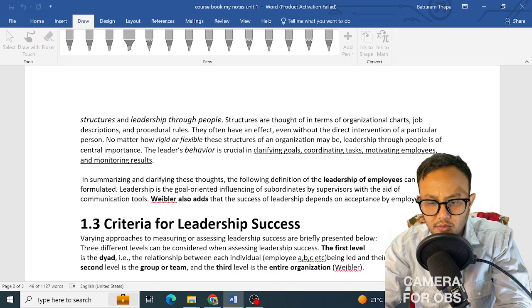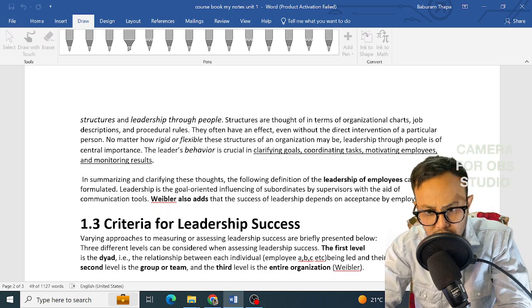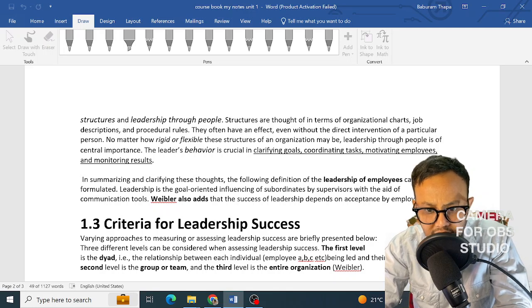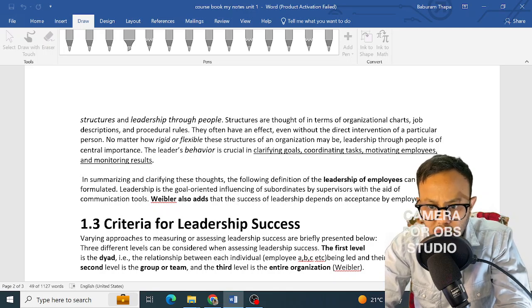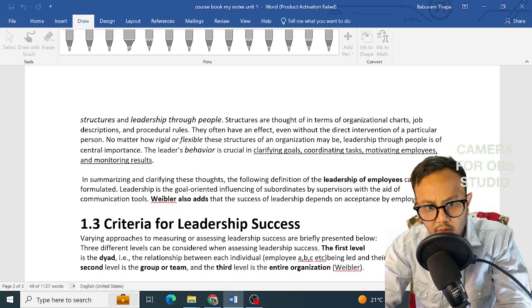The person at the top of the organization chart will do this, and below him do that, and at the lower level do this. This is called leadership through structures. They often have an effect, yes, even without the direct intervention of a particular person. So it's just an automatic system. You make a hierarchy and it will work on its way.